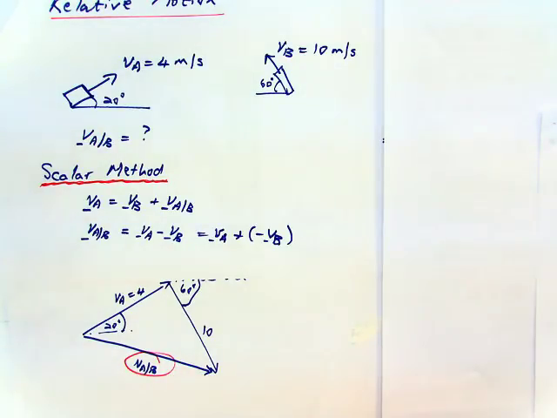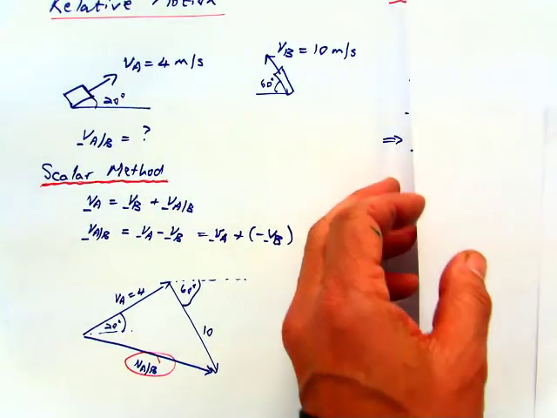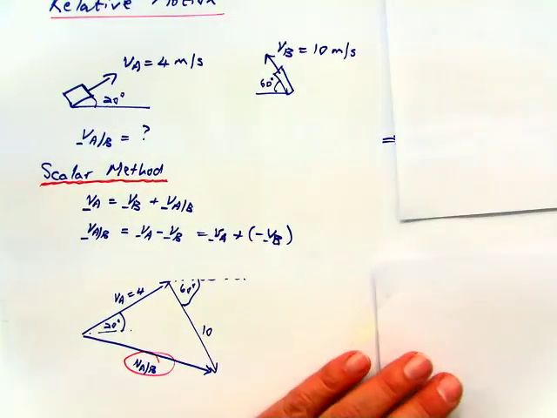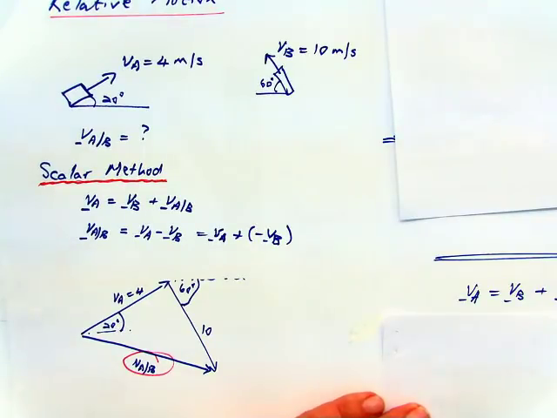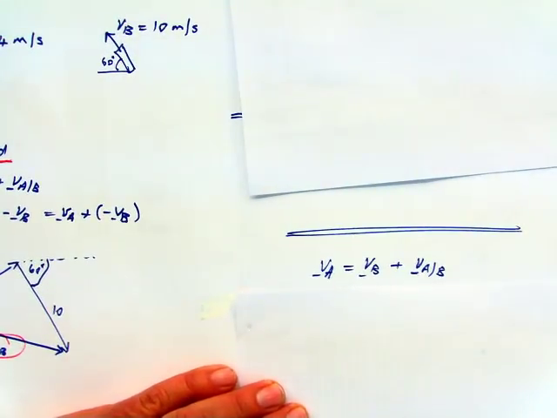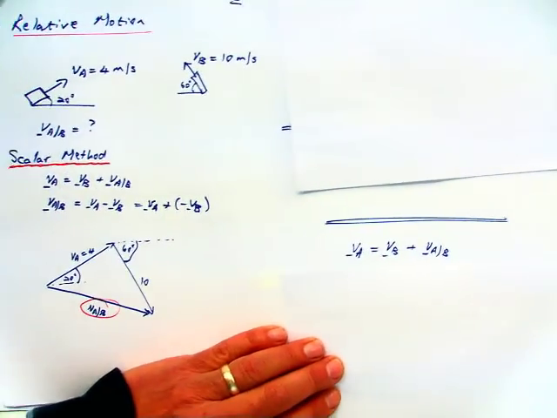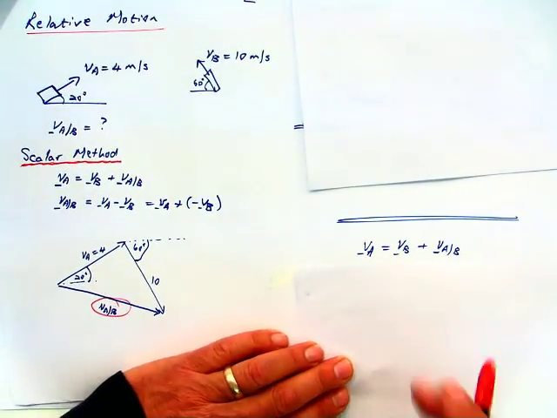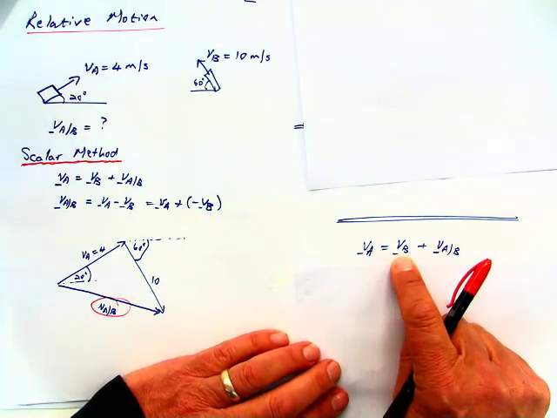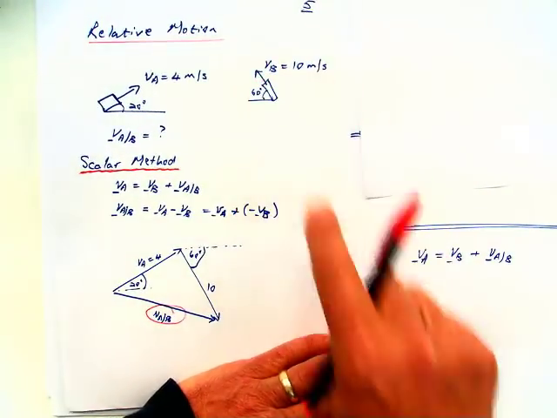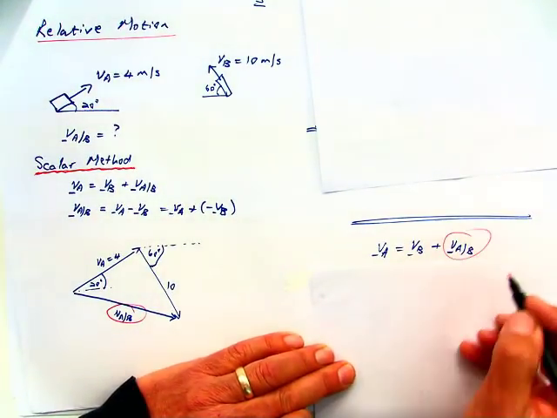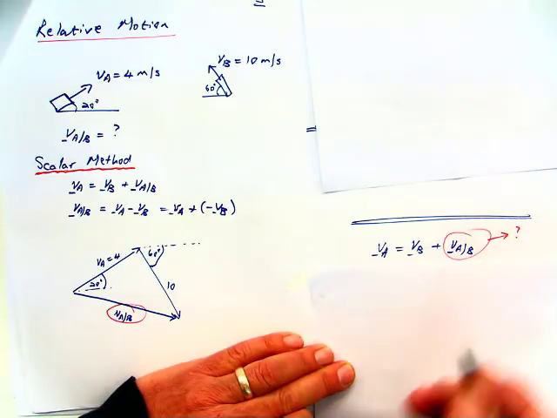Or, what you also can do, in this case, still talking about the scalar method, you can also use that equation from the start. If I have the velocity of B, which I have, and I add to that this one I don't know at the moment.